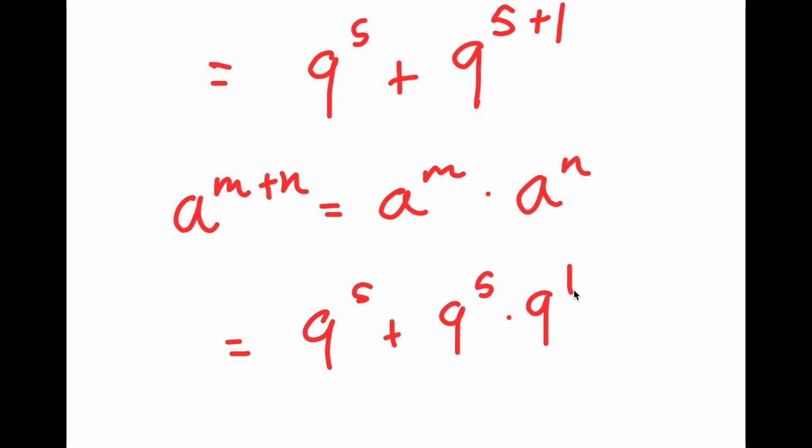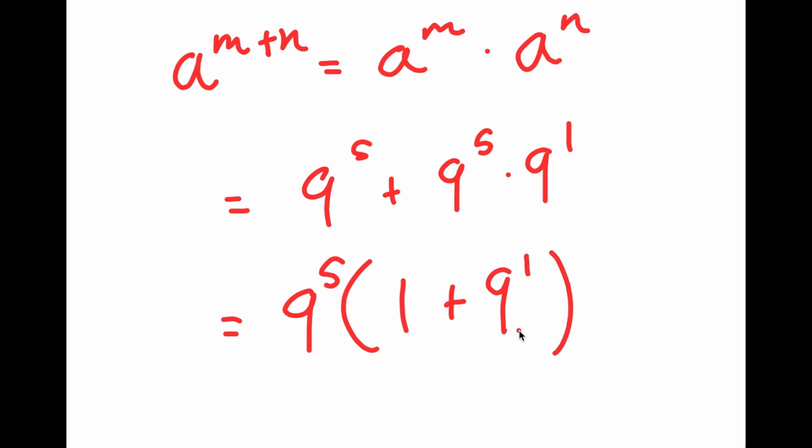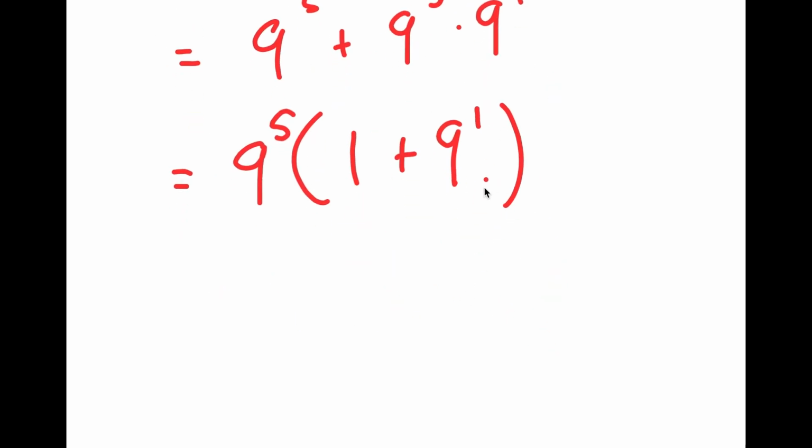Now again, I'm going to factor out 9 to the power of 5. So I get 9 to the power of 5 times 1 plus 9 to the power of 1. And 9 to the power of 1 is the same thing as 9.